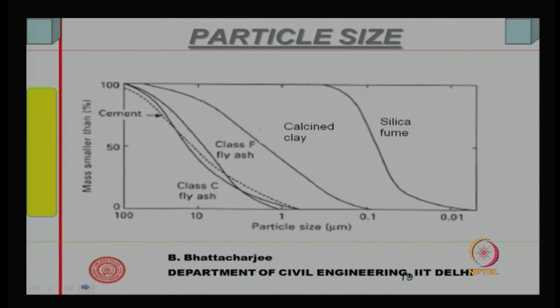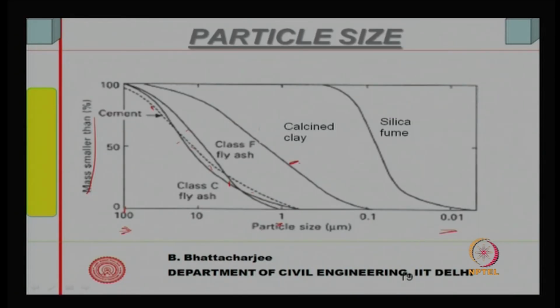If we look at the particle size distribution, the mass smaller than this size is 100 micron, and this is 0.01 micron. C fly ash is here; as I said, C fly ash has got lime, and class F fly ash will not have lime. They have size very close to ordinary Portland cement, varying from 100 to 1 micron, 100% passes 100 micron, and so is the case of cement.